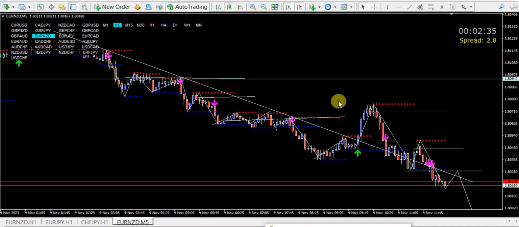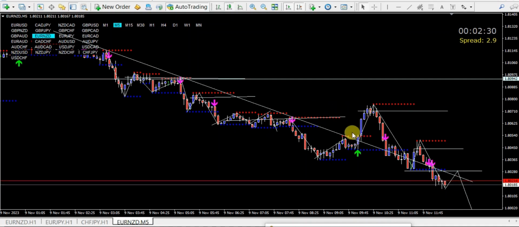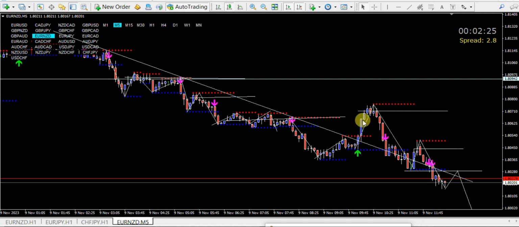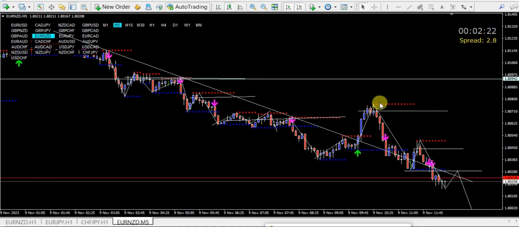What's the difference is that by the time the market is moving, let's look at this area. Let's take this area as the reversal we are talking about, with a rejected candle. Let me clear this one so that you can see it very well.